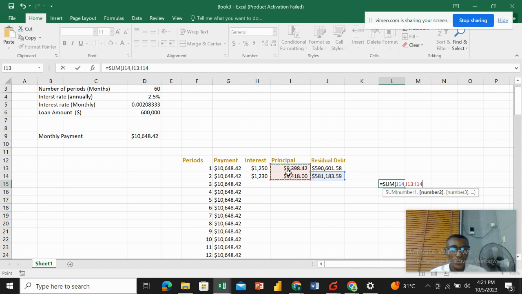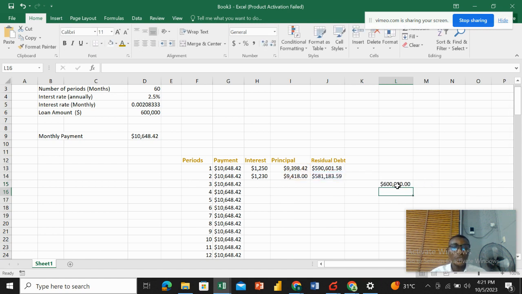So we have $600,000, as we have here. I did not add our interest to it because we are not paying interest here. Our principal and our interest sum up our payment for the month. We want to know how much we paid as interest.